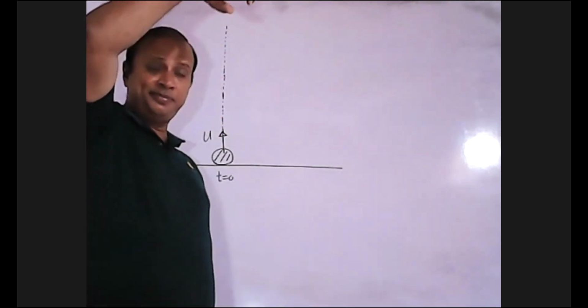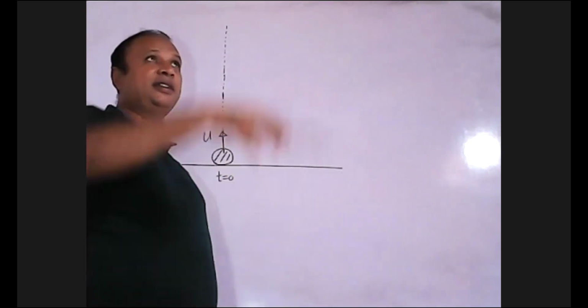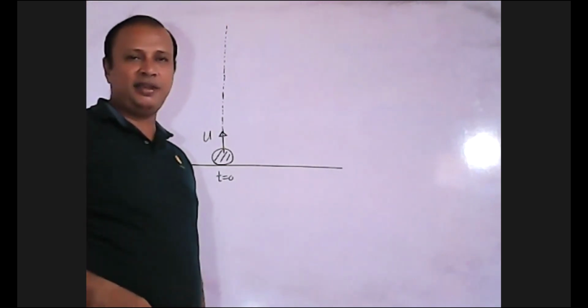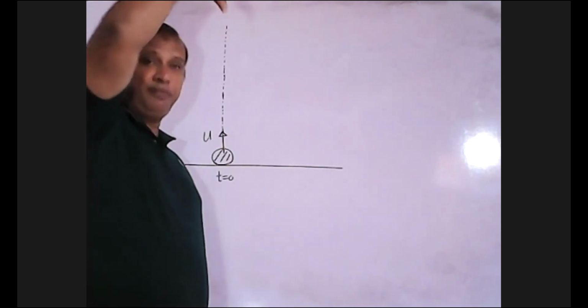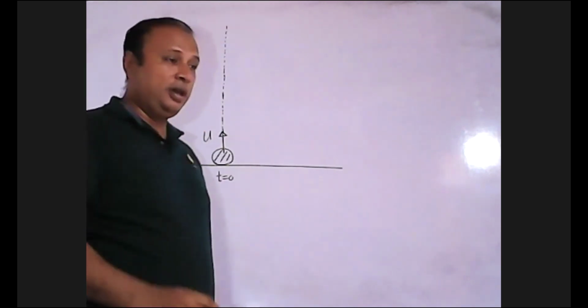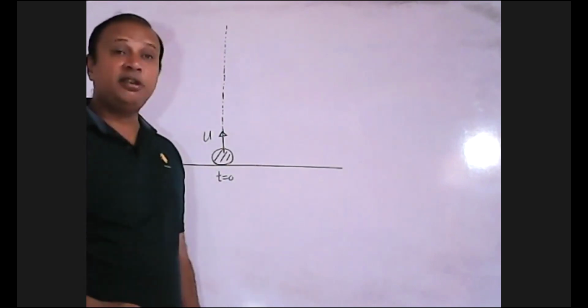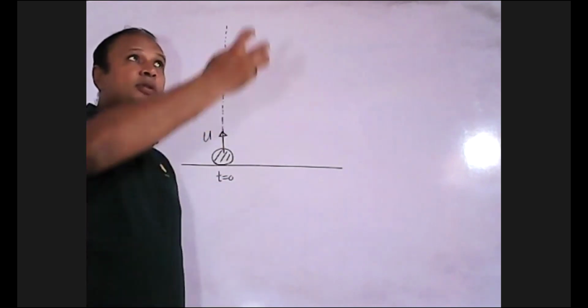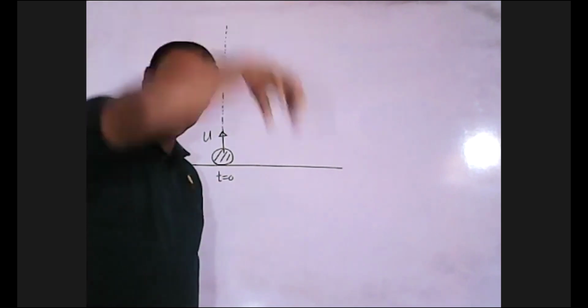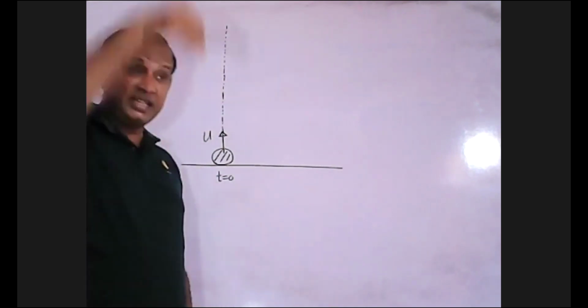Vertically upward, and it will attain a maximum height. After that point, it moves up to a maximum point, and after that it will move again towards the downward direction.